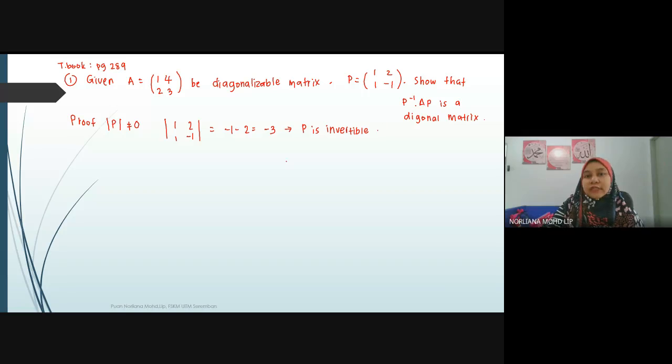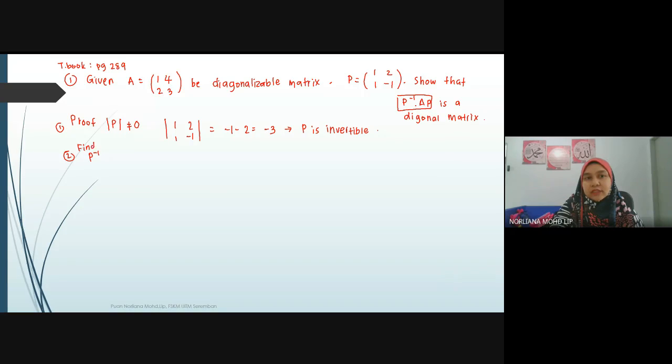Then we can find the P inverse kan. Maksudnya A is diagonalizable lah, because P is invertible. So we can find the P inverse. First proof. And then second, if P is invertible, then can find the P inverse.